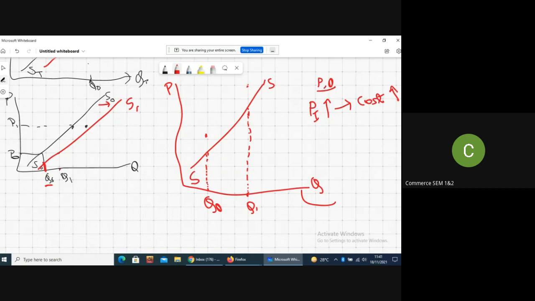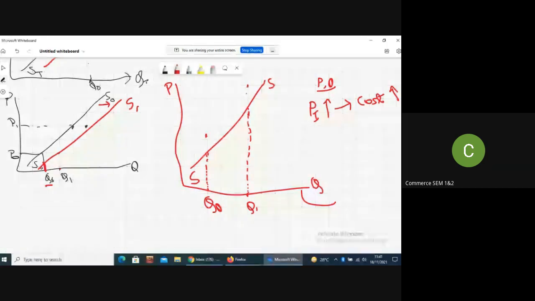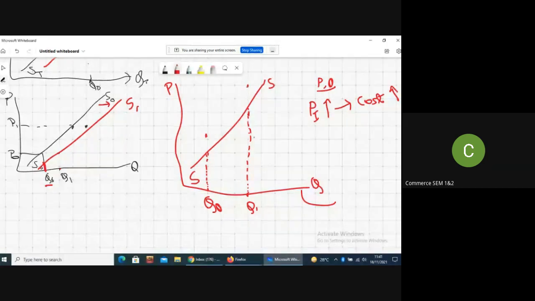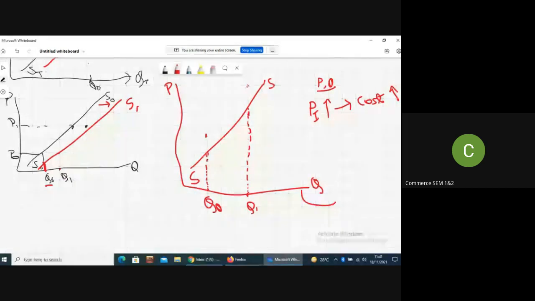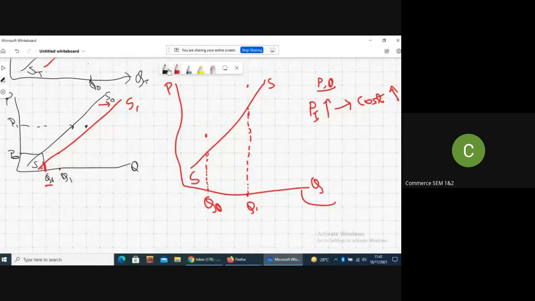So now to produce Q1 amount of output, they need this vertical distance. If you join these 2 points, this will be our new supply curve.